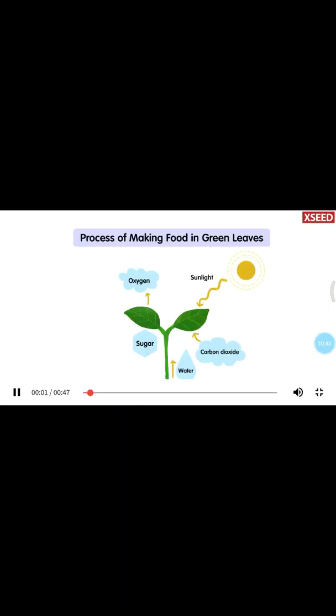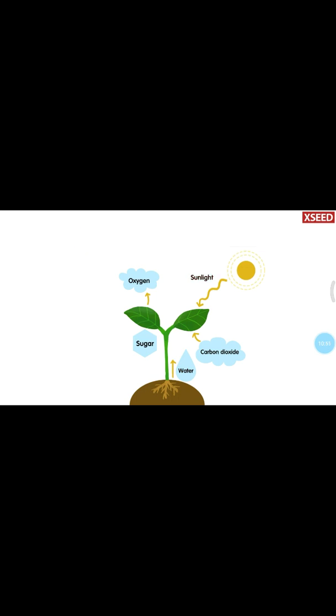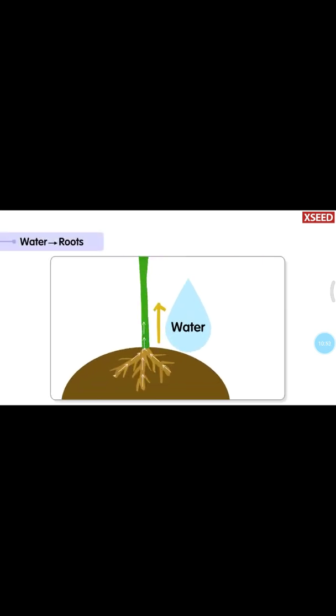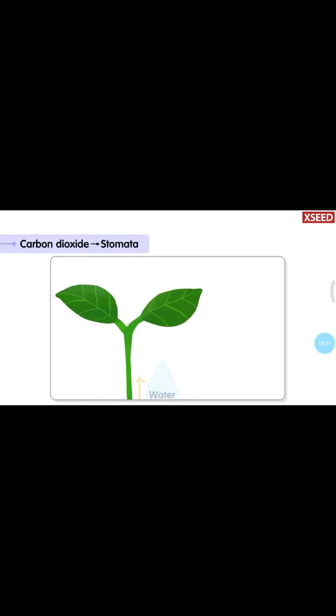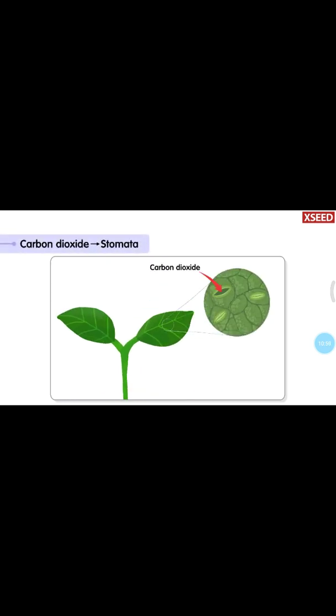Green leaves make food for the plant using water, carbon dioxide, and sunlight. Roots absorb water. Carbon dioxide enters the leaf through tiny pores called stomata.